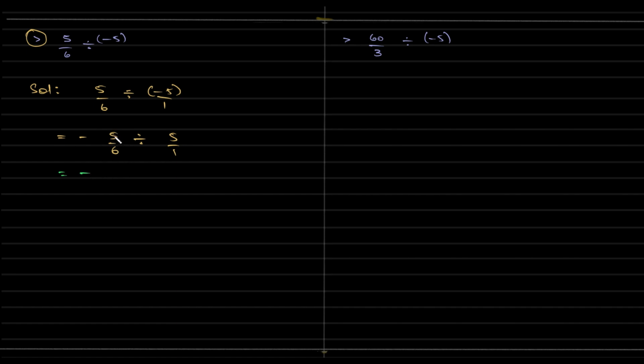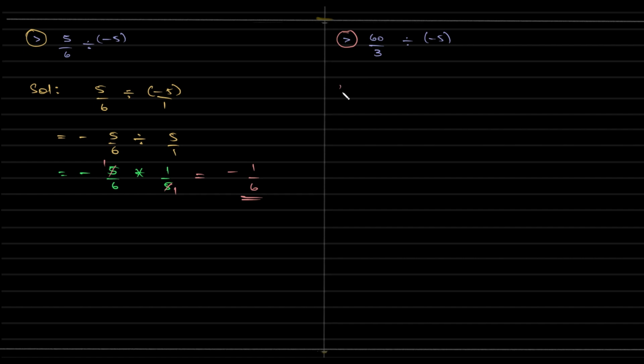Can we cancel something within the fraction? No and no. So this will become 5 by 6. We need to change this. Multiplicative inverse of this will be 1 by 5. And here we are looking at cancelling 5 and 5, numerator and denominator. And the overall answer will be negative 1 by 6. That's it.